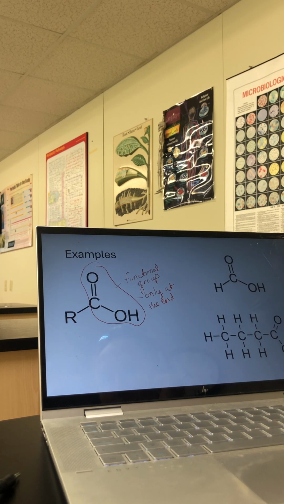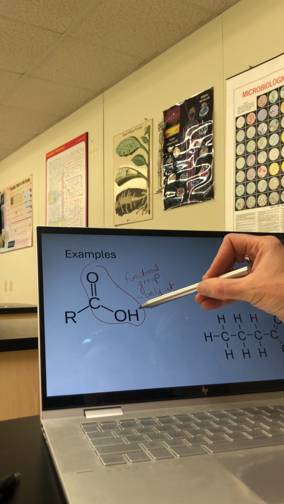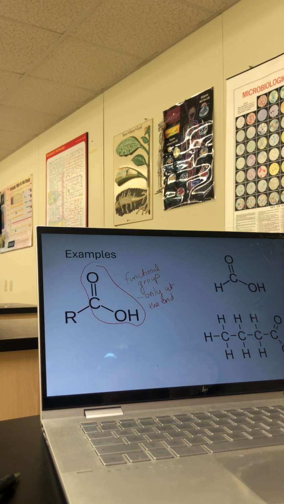So that's how it's similar to the aldehyde. Notice the carboxyl, the carbon double bond to the oxygen, but instead of an H as with aldehydes, it's an OH. The reason they call them carboxylic acids is that in an aqueous solution, they tend to lose their hydrogen ions very well. And when the hydrogen ions end up in the solution, they make it more acidic.